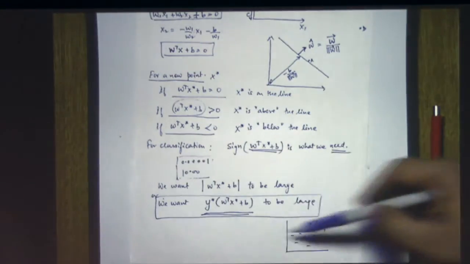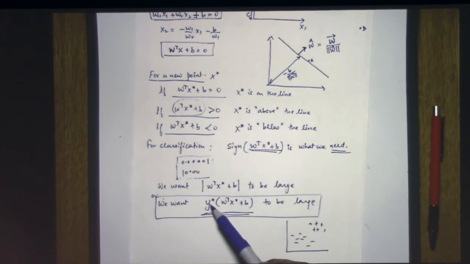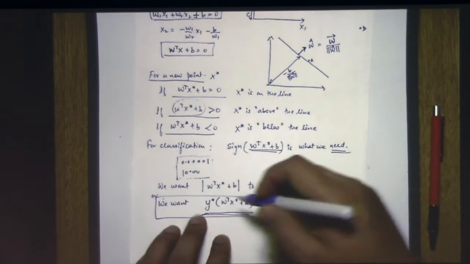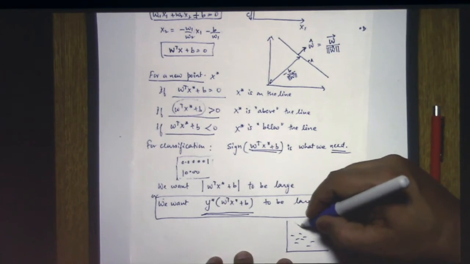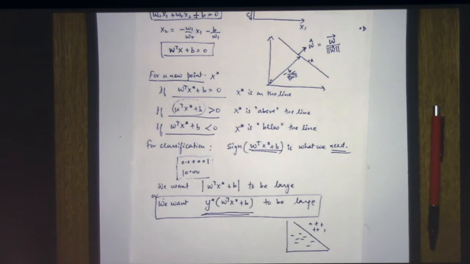This will be far from all of them, and the margin will be very high. But when you bring this in, it ensures that the line should go between them. And then when it is between, you maximize the margin. So it is a given that it has to be correct in terms of classifying the training data.